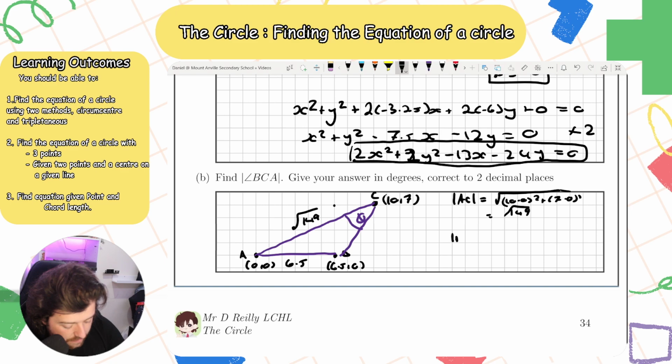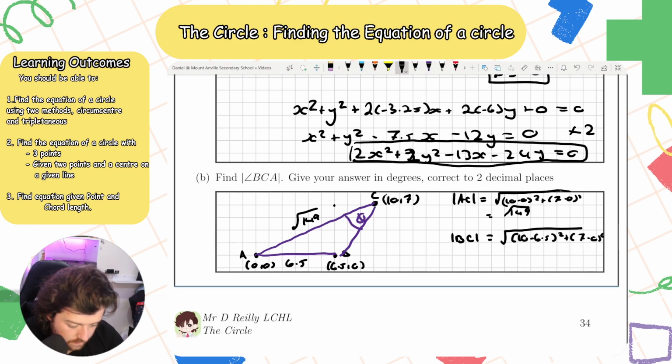And then BC is equal to the square root of 10 minus 6.5 squared plus 7 minus 0 squared, which is root 61.25.